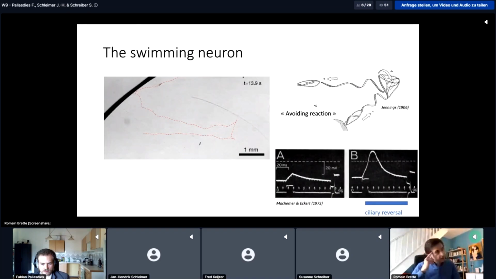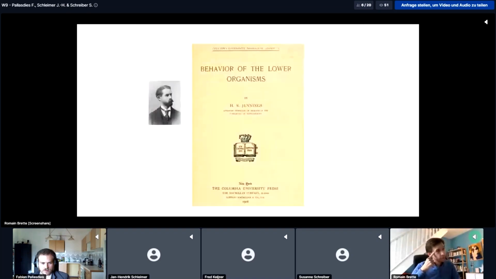In fact, people have been interested in Paramecium for much longer than that. At the end of the 19th century and beginning of the 20th century, a number of scientists were interested in Paramecium behavior, looking at Paramecium swimming with a microscope. The best known of them is probably Herbert Jennings.